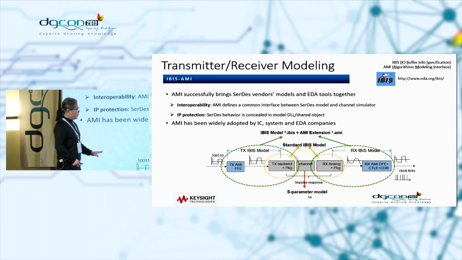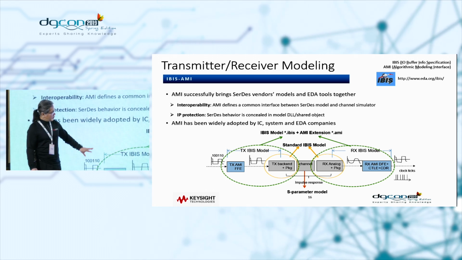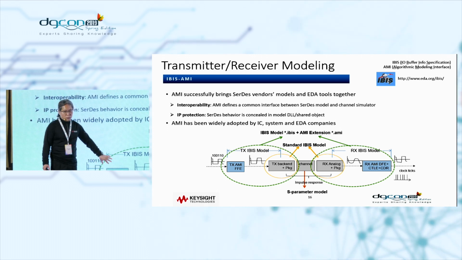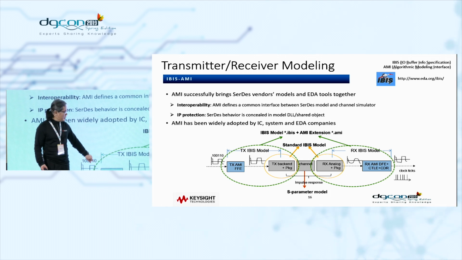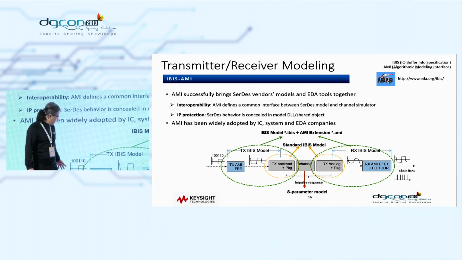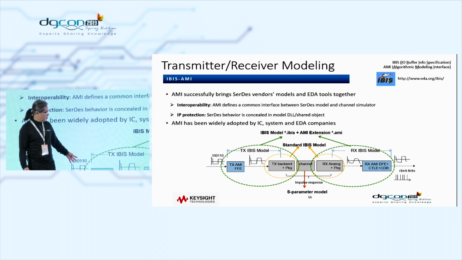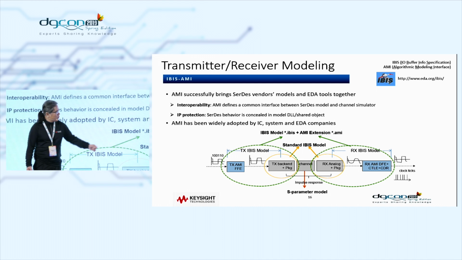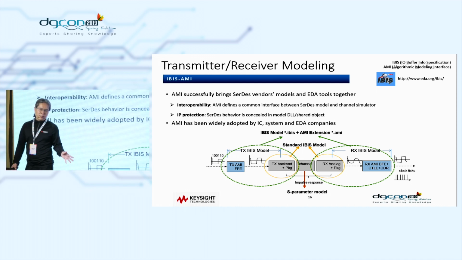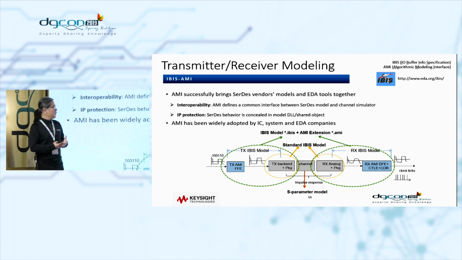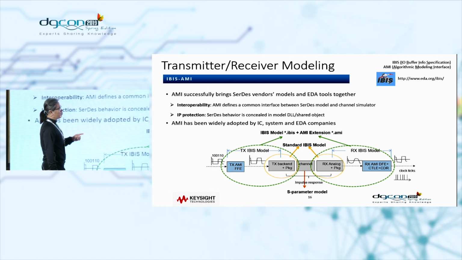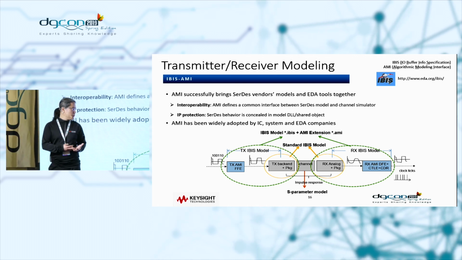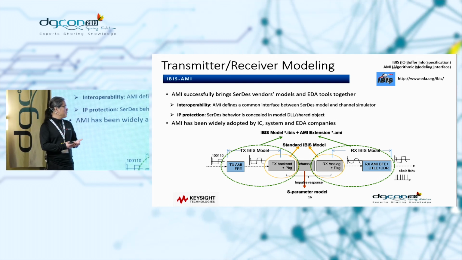So a standard SerDes channel looks something like this: it has the transmitter, which has certain equalization such as FFE, and then there are input bits coming in such as PRBS, and the bits go into the package. And then going through the channel to the receiver end, there will be an RX package, and then it goes through the receiver equalizations that include CTLE, DFE, and CDR.